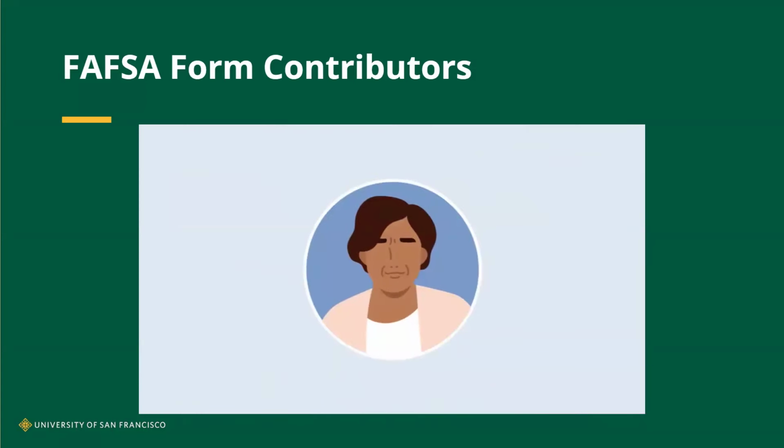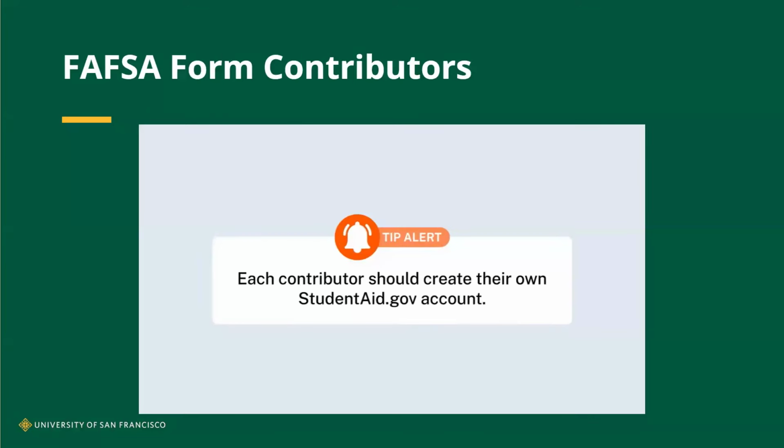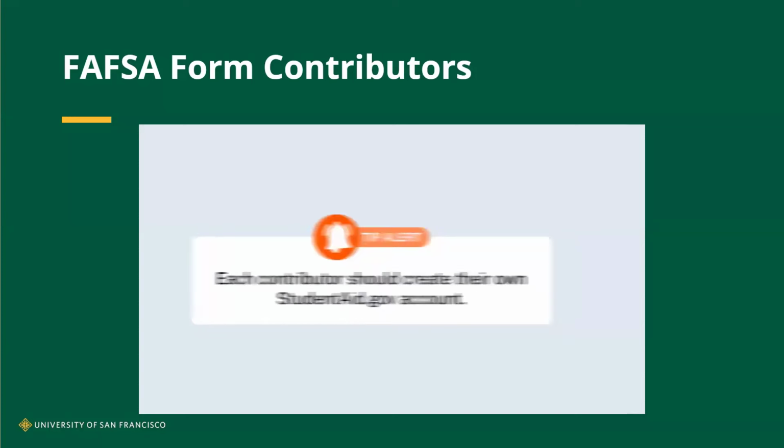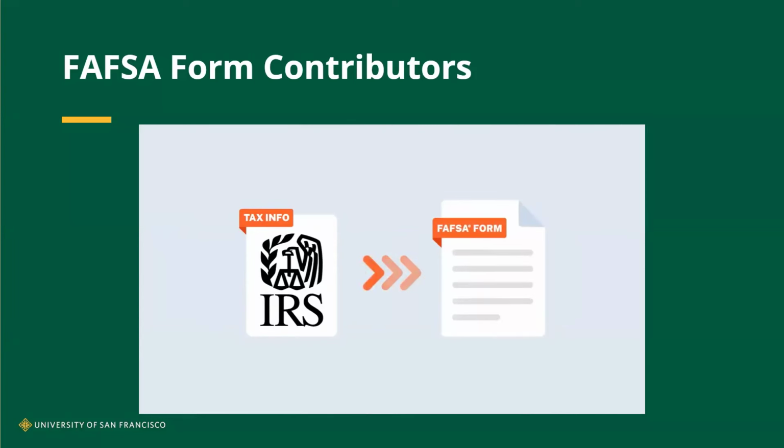Once invited, contributors will receive an email with a link that they can use to access your FAFSA form and provide the required information. Important tip: each contributor is required to have their own studentaid.gov account, so make sure you and your contributors have each created your own account before starting the FAFSA form. Consent and approval to have federal tax information transferred directly from the IRS into the FAFSA form are also required for all contributors.